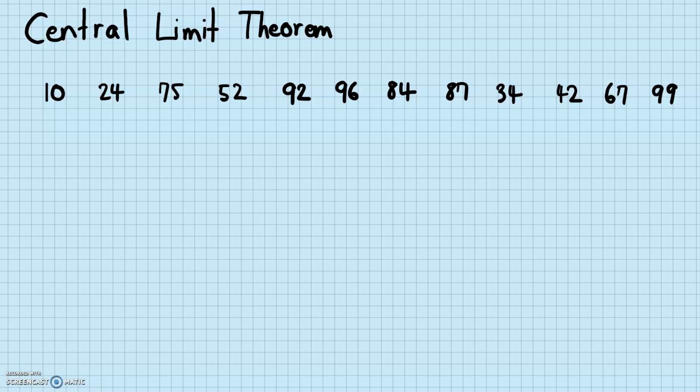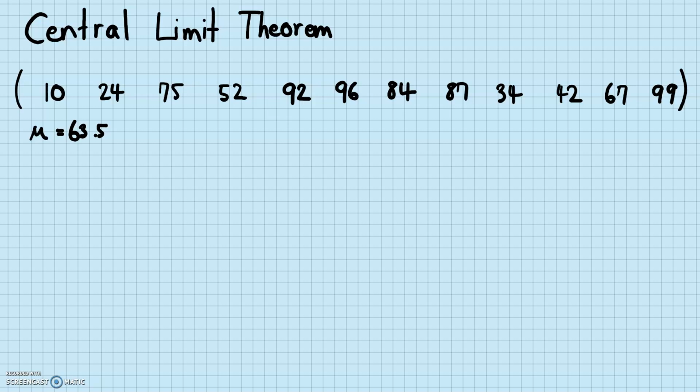And there's going to be a mean and a standard deviation for this data. Okay, so the mean here is 63.5. That's not a very good mean. This class didn't do very well on the test. But the mean score of this class is 63.5.